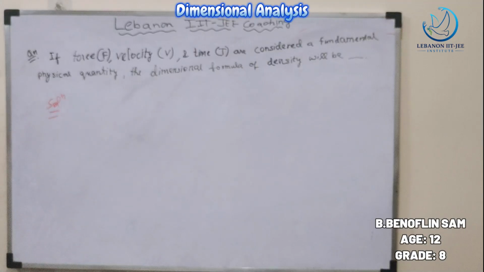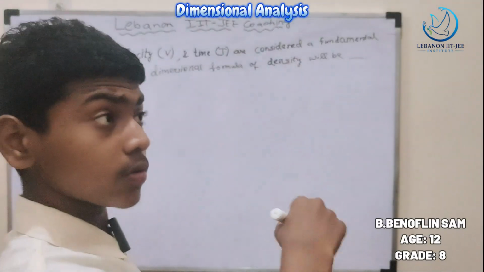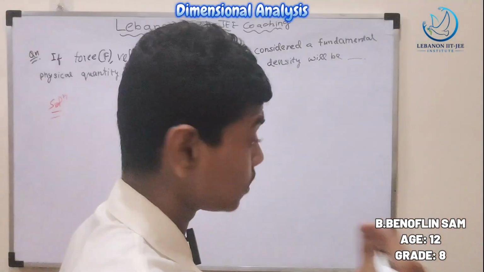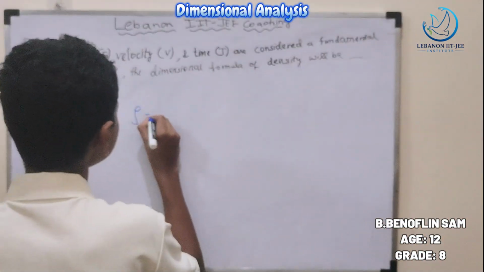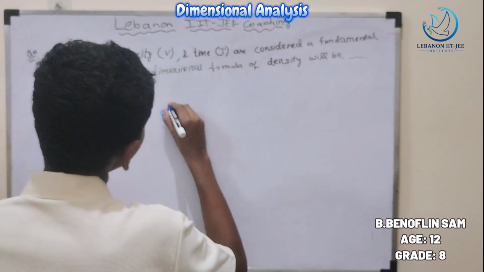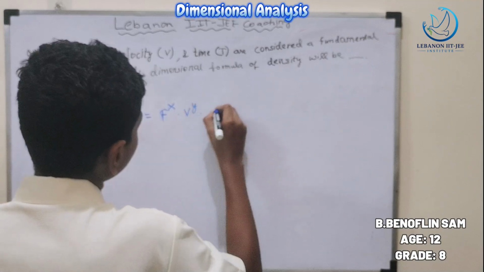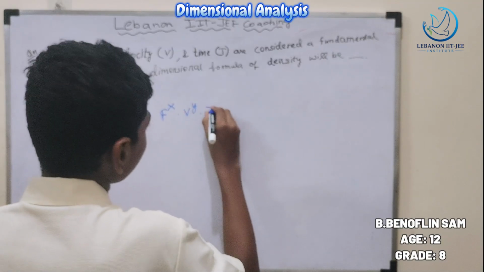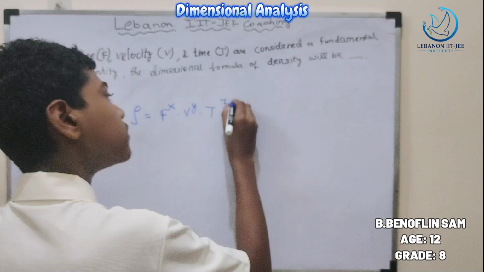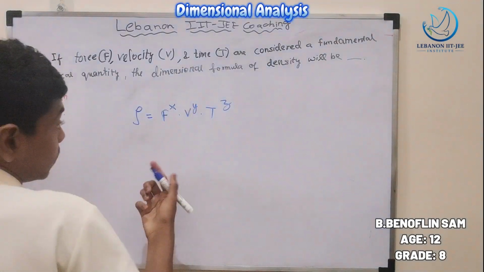So the first rule you're going to do is, density means there is no constant, right? No constant. So we will take density is equal to force to the power x, into velocity to the power y, into time to the power z. It's like a power that I'm doing.